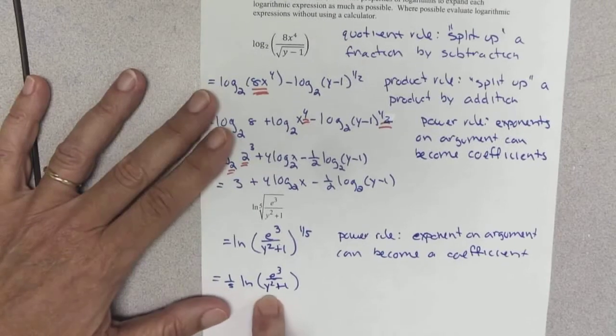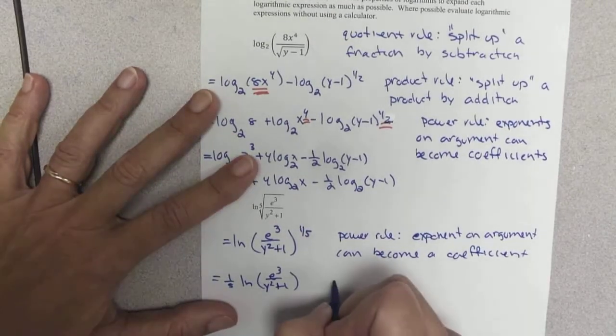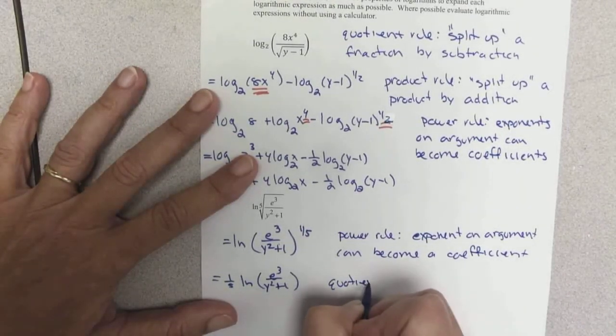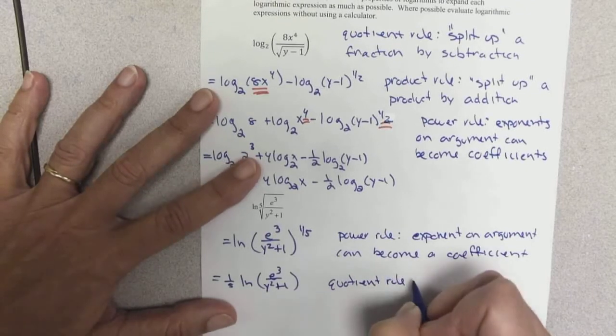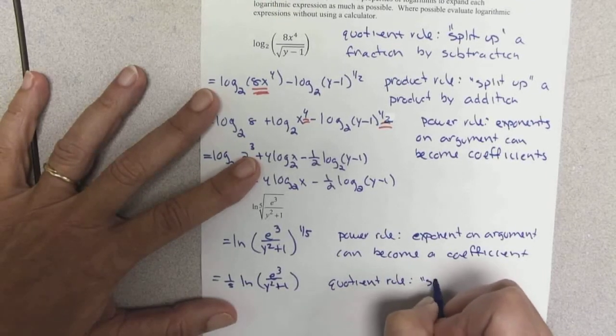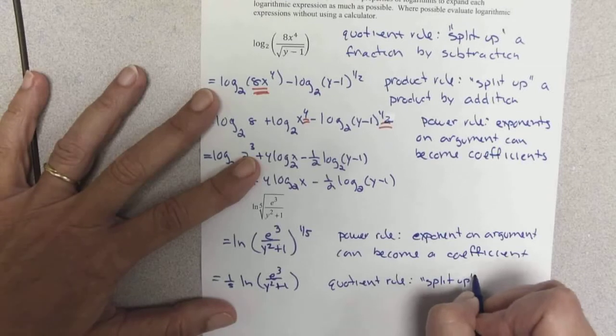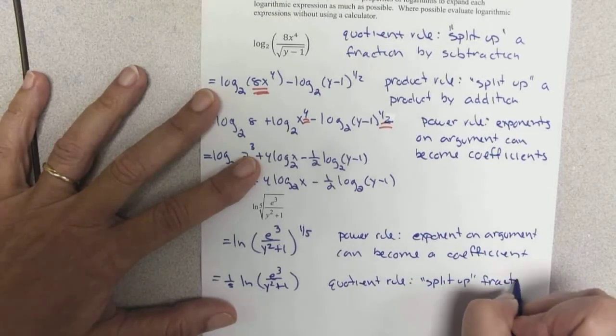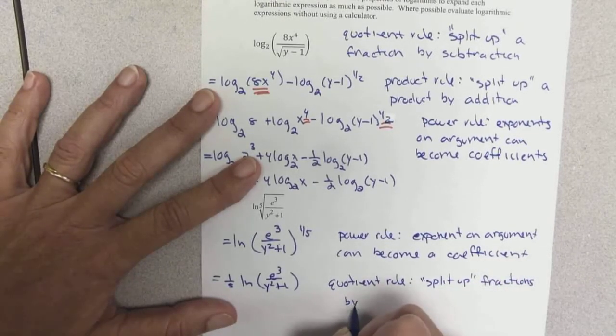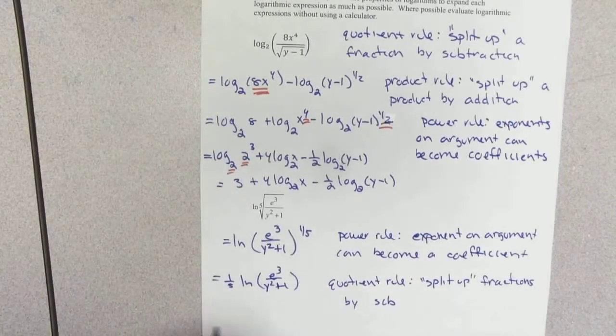Now again, zeroing in on that argument, it's a quotient. Quotient rule. Split up fractions by subtraction.